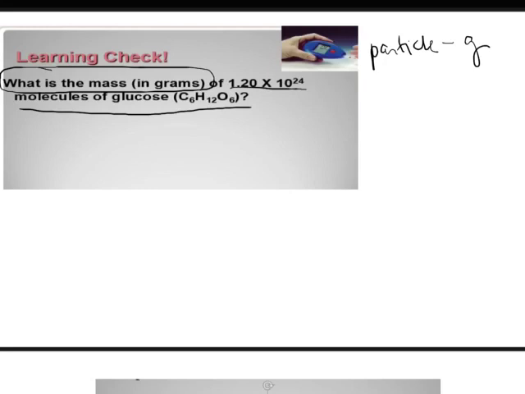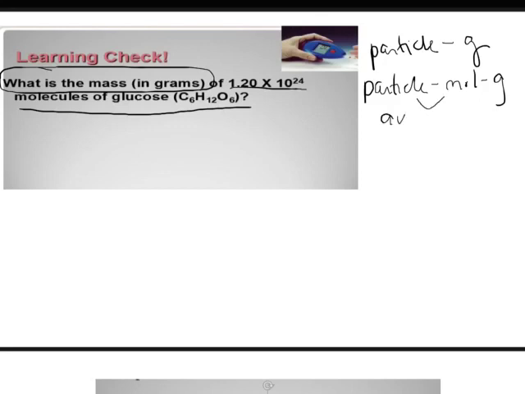But if you use Avogadro's number, which in 1 mole of any particle, we have 6.02 times 10 to the 23 of those particles, then now I have a part of a conversion factor to use to convert here. So our pathway is going to be particle to mole to gram, which means when you see it this way, I need two conversion factors.